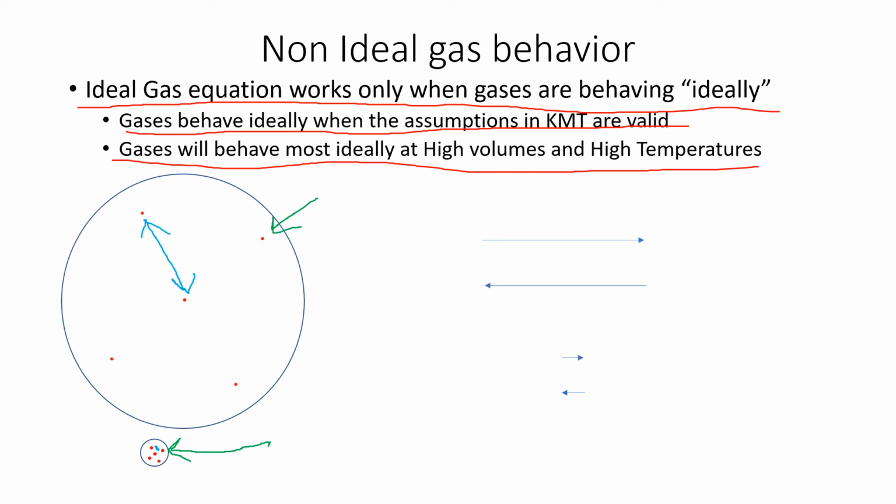But in the bottom set of pictures, the particles aren't moving that fast, even if they're still running anti-parallel to each other. What you're going to see is they're spending more time in close proximity to each other. Well, that's going to affect their trajectories, their paths. So high temperatures are going to help gases behave more ideally as well, along with the large volumes. Those 2 conditions make those assumptions we made in kinetic molecular theory a little bit more valid.